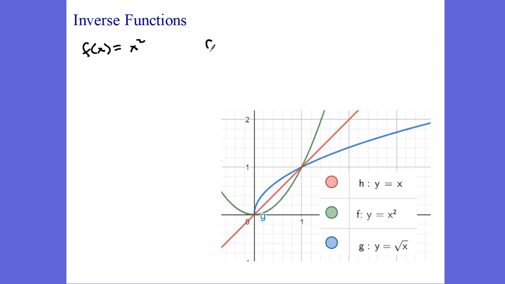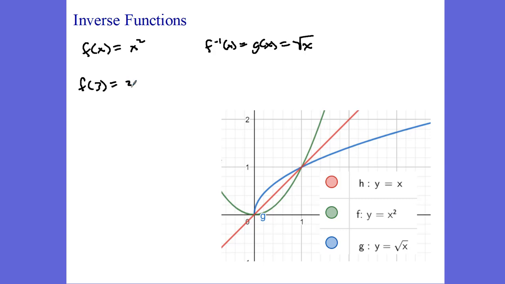My inverse function of that, which I'm just going to call g of x, is equal to the square root of x. The green one is my x squared parent function, and the reflection is the inverse function, the square root of x. Let's take a point like 3.